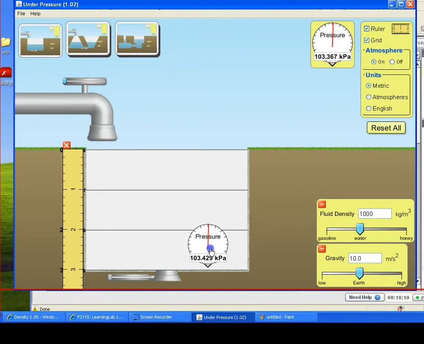Let's also measure this difference. We've got 103.43 here, and we've got 103.418 here. The difference between the two is 0.012. So do we agree that roughly, for every meter of height of the air column, we get about 0.012 kilopascals of change in pressure?